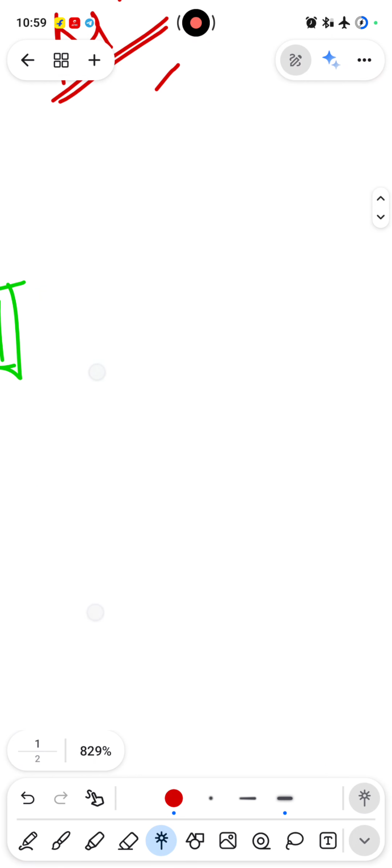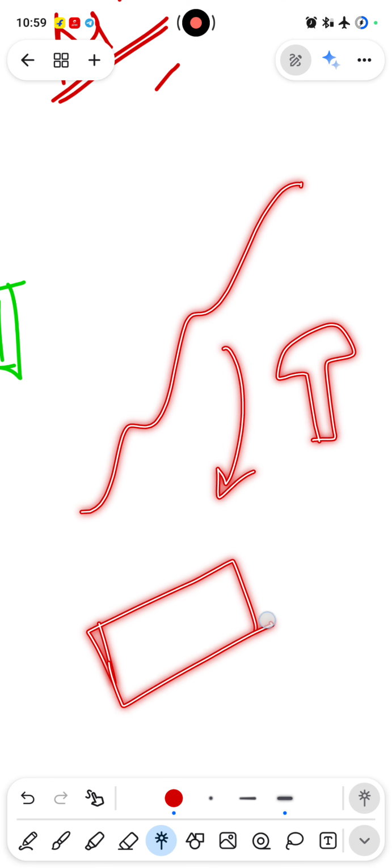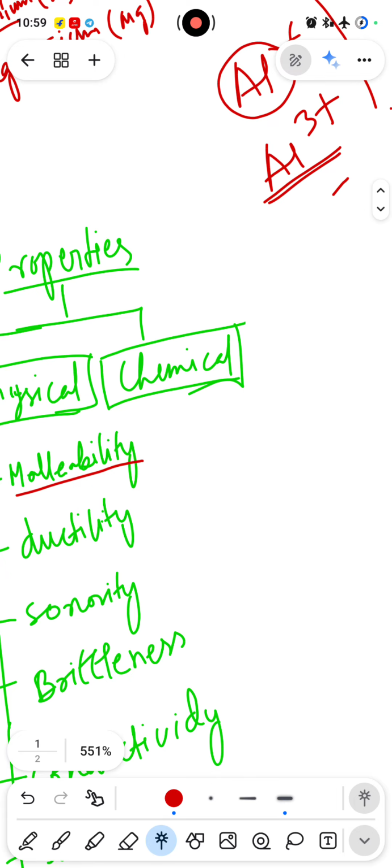Means if I suppose I have a piece of wire, then if I hammer it, can I make a sheet out of the wire? If yes, then it's malleable. If not, then it's not malleable.